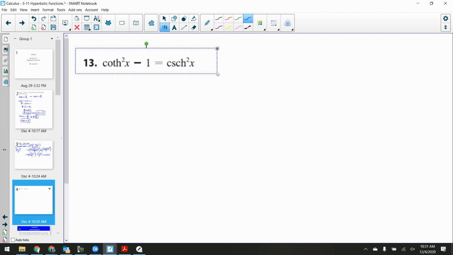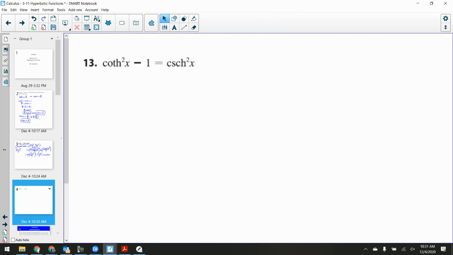So hyperbolic cotangent of the square root of x minus 1. First thing I'll do here is take cotangent and make it cosine over sine.